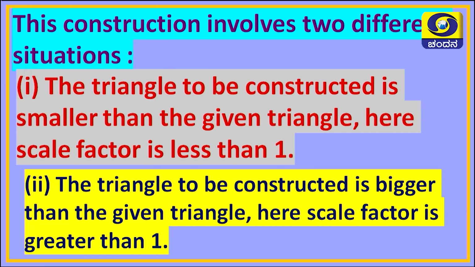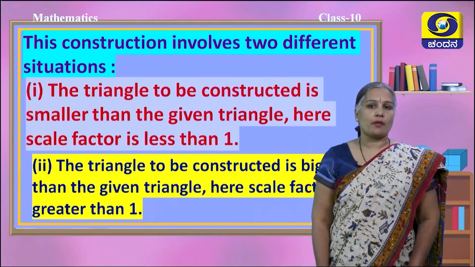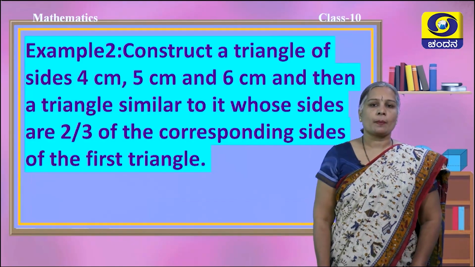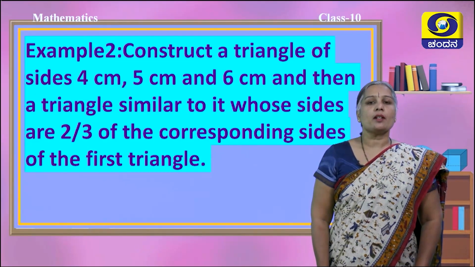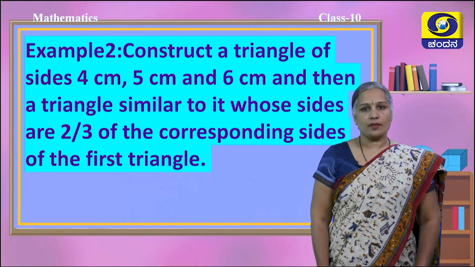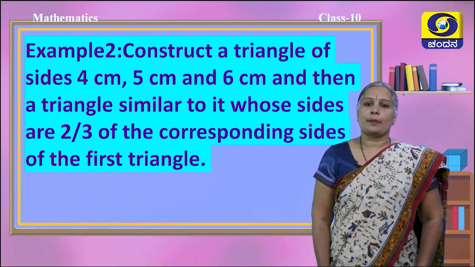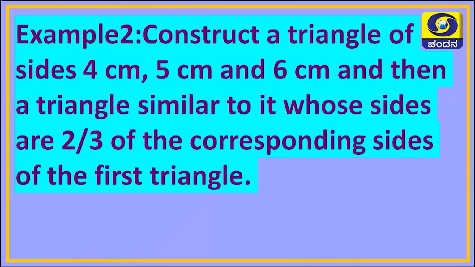We use both these cases to do our constructions. Let us see an example to understand how we construct similar triangles. Example 2: Construct a triangle of sides 4 cm, 5 cm and 6 cm, and then a triangle similar to it whose sides are 2/3 of the corresponding sides of the first triangle.